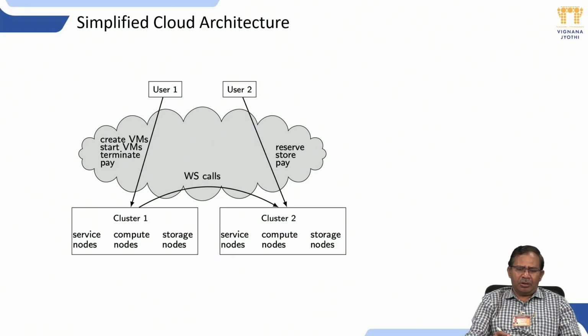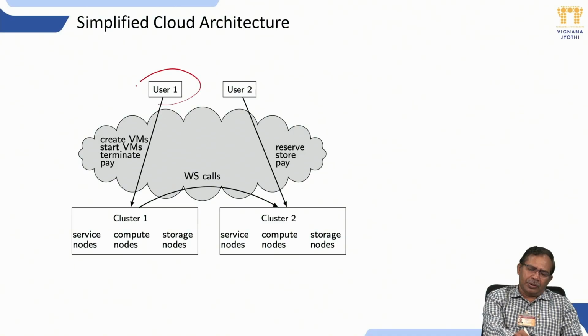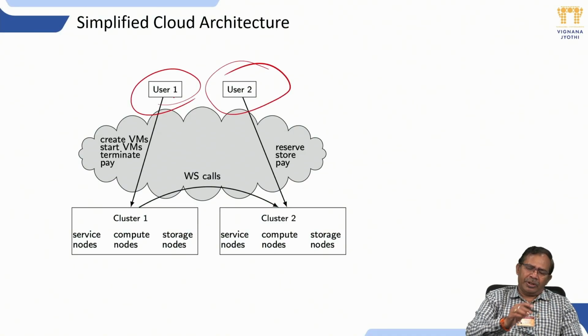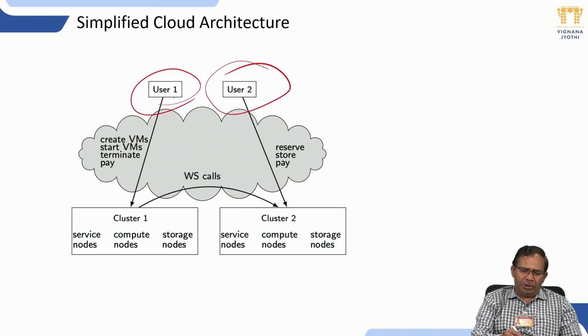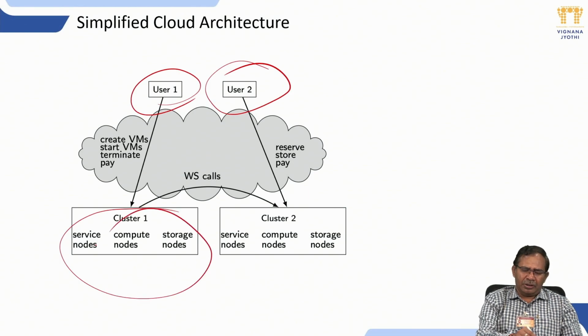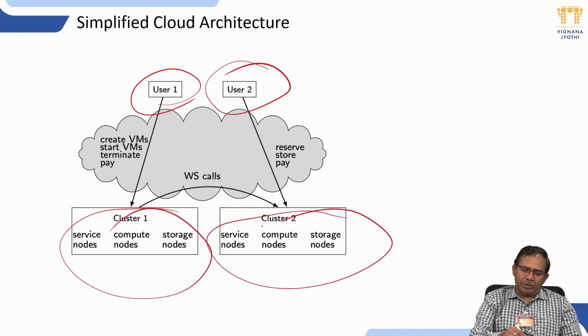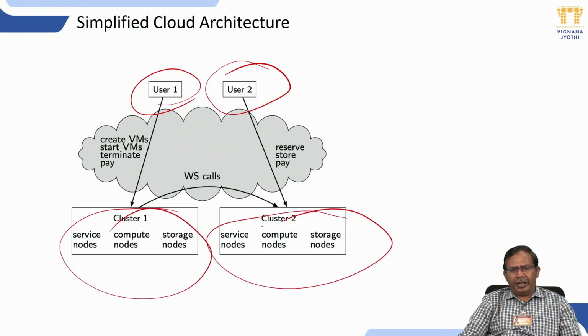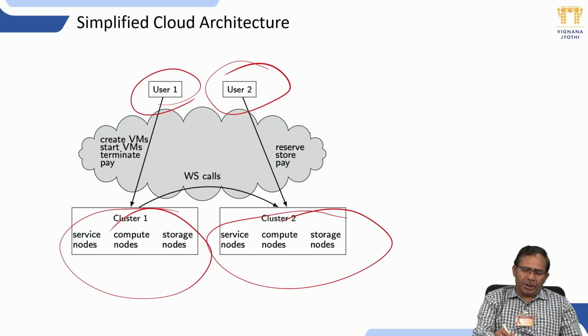In this simplified cloud architecture, users are sitting at different locations. They are able to make use of services available from the service providers, and there is an intermediate layer.